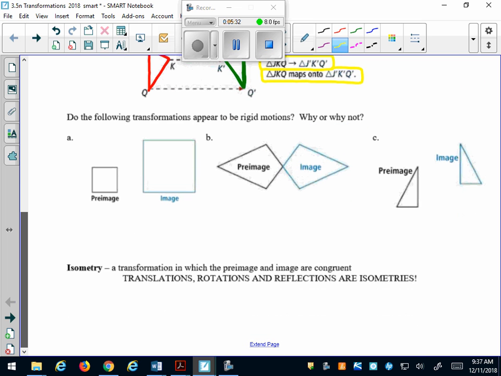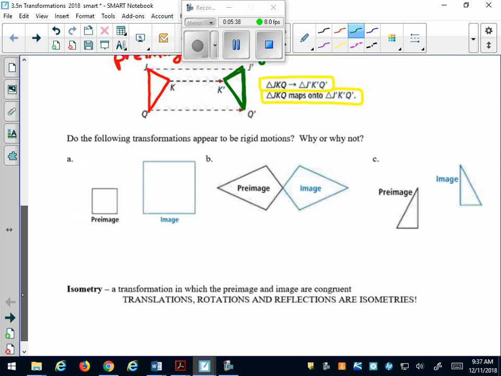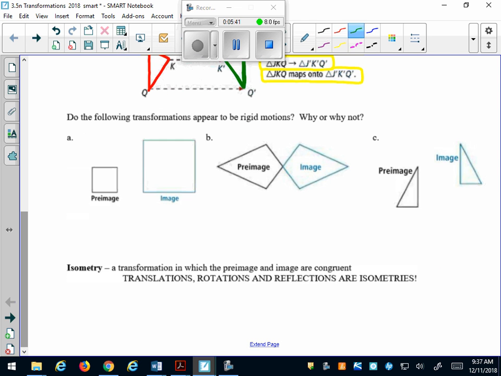Okay, do the following transformations appear to be rigid? Why or why not? So, if this first one starts with the pre-image and this is the image, is it a rigid transformation? No. Why? It got bigger, right? So it's not rigid. What about this one? Rigid or no?